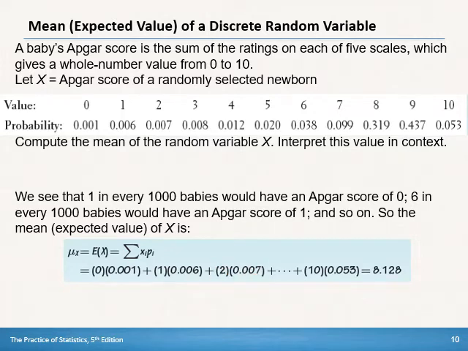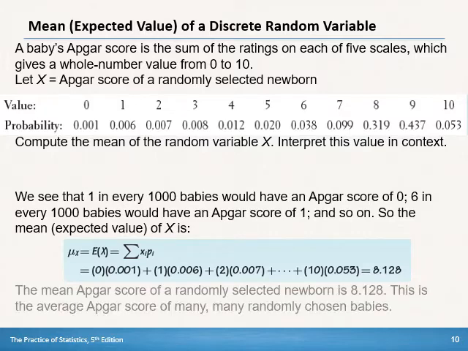We do that for all 11 values, 0 through 10, and then we add all those up, and we get something like 8.128. And what does that mean? The mean APGAR score of a randomly selected newborn baby is 8.128. This is the average score. If we looked at many, many babies, that would be the average score that we would expect to see.